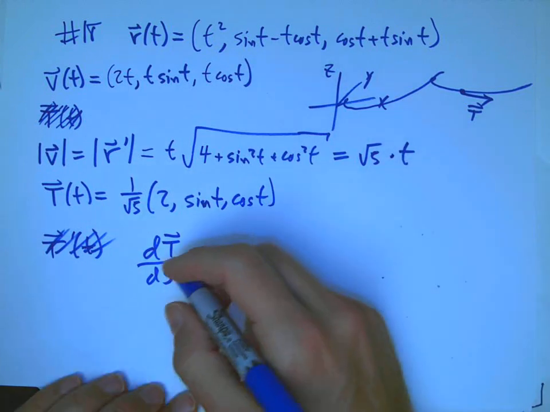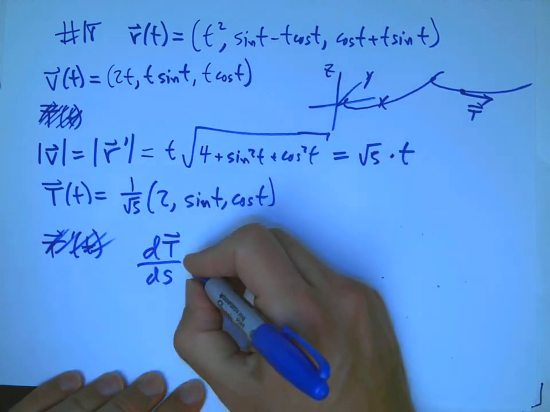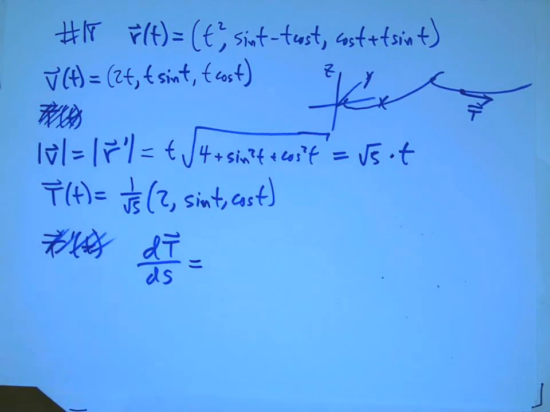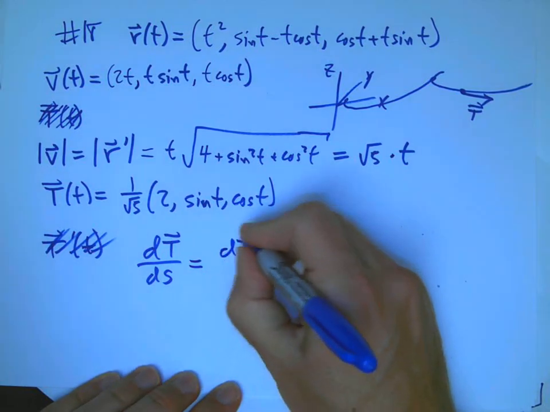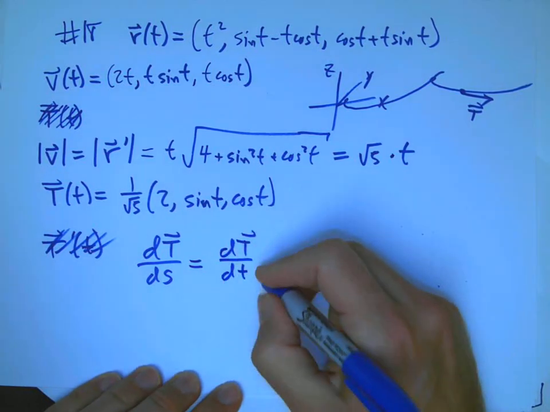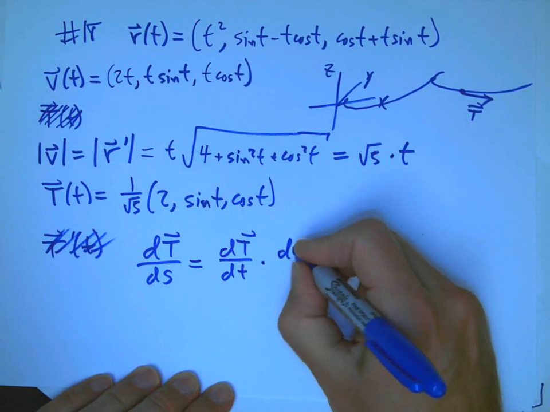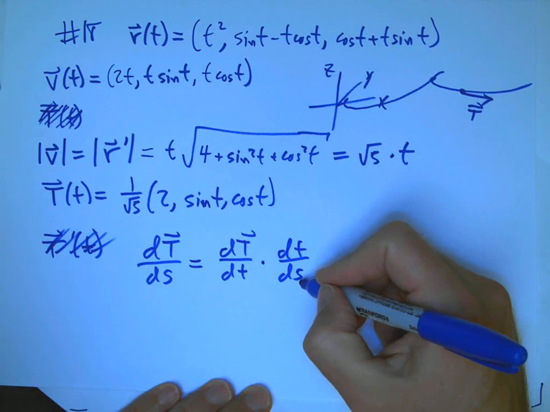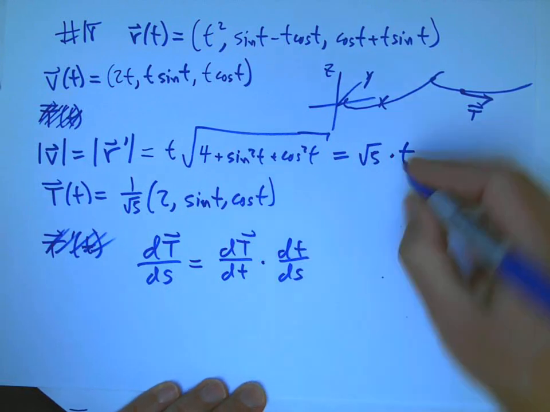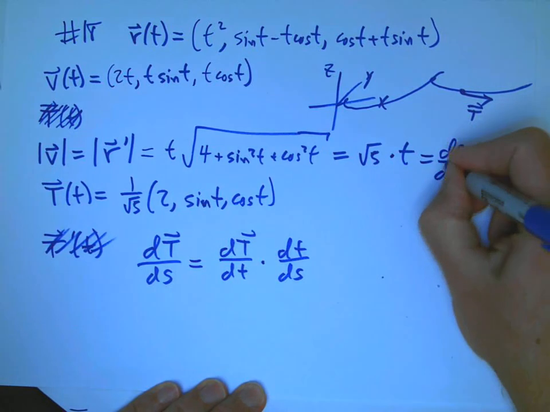This is going to be dT/dt, the derivative with respect to time, times dt/ds. It's just a chain rule calculation. Now this is a little weird though, because this is exactly 1 over the speed. What we really want is ds/dt, because that's this guy. So the speed actually comes in two crucial ways here, and we'll see a nice theoretical result of that next time. And so what you get is the formula in the book.